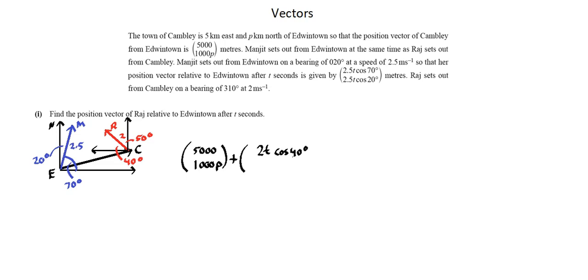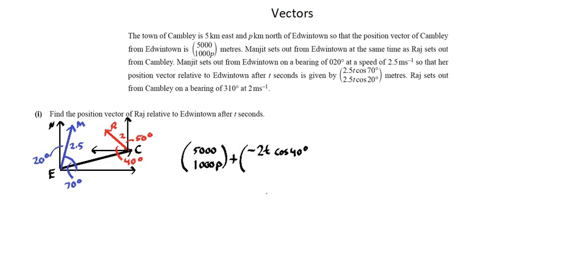So for our x position, we have 2t cosine 40 degrees with an important adjustment, which is that we're starting east of Edwintown, moving west, which means that from an x-coordinate standpoint, we're getting closer to Edwintown. Thus, we want a negative to show that the x value is going to be decreasing over time.